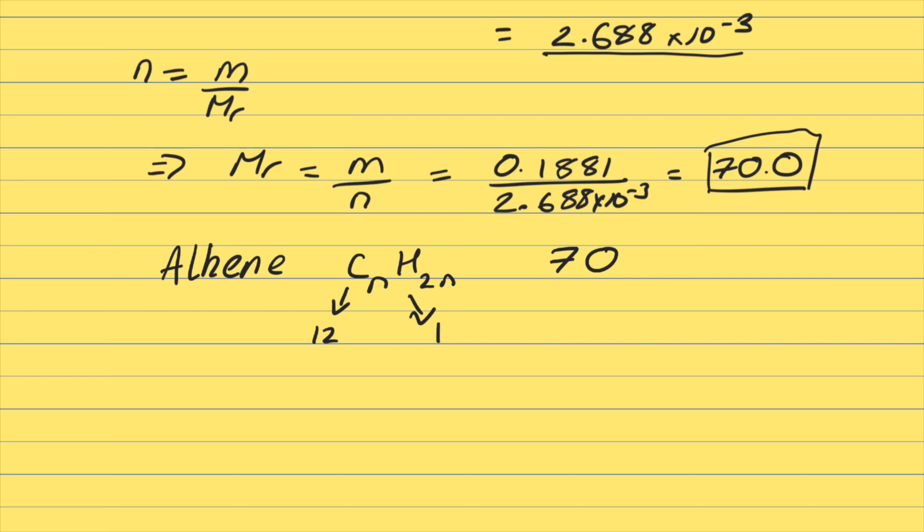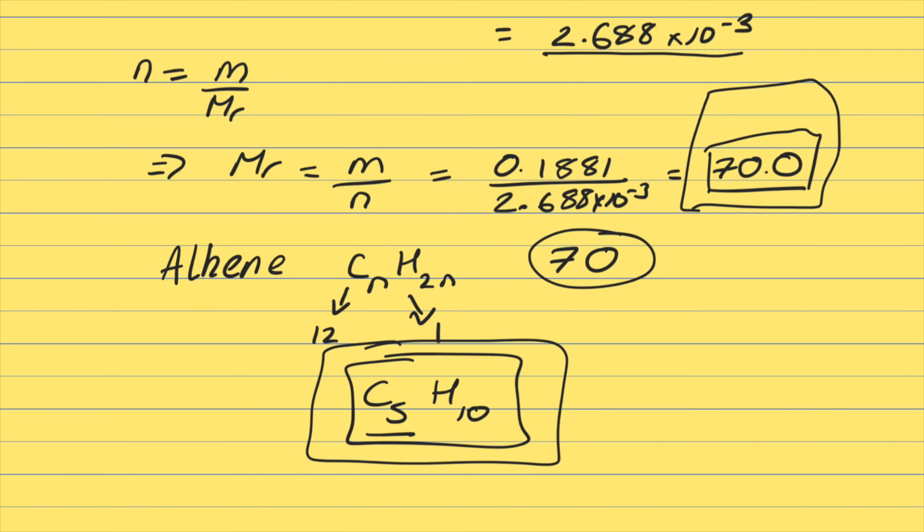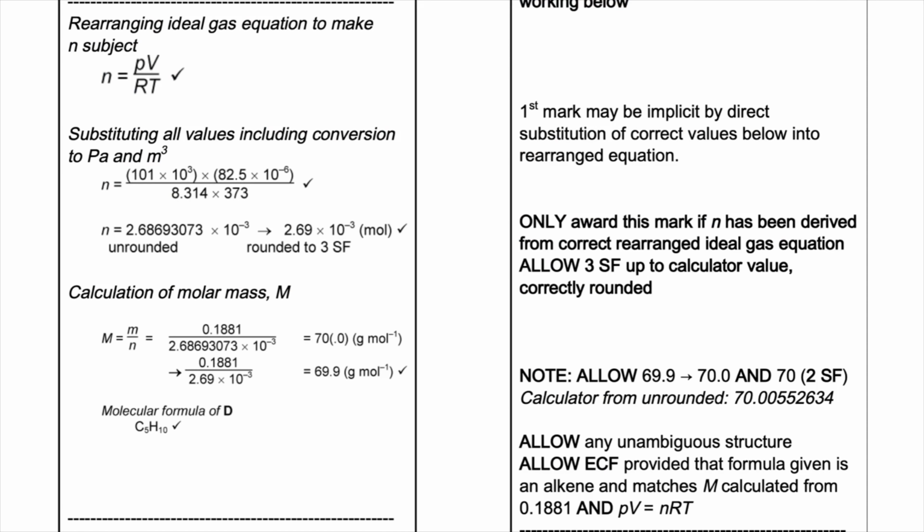So we're looking for something which adds up to 70, which is C5H10. 5 times 12 is 60, and then 10 times 1 plus the 60 is 70. So our two answers are 70.0 to 3 significant figures and C5H10. And here's the mark scheme.